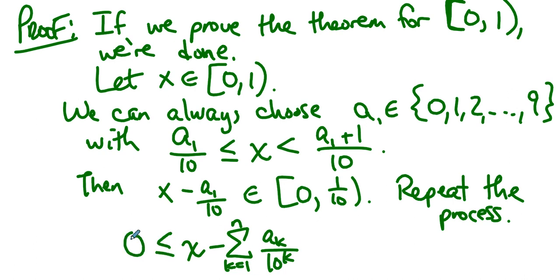What we have is still a positive number, right? We've taken x and we've lopped off not quite all of it. That's at least a non-negative number, and that's less than or equal to 1 over 10 to the n. Each time we get within a smaller power of 10, but we're still within a power of 10.